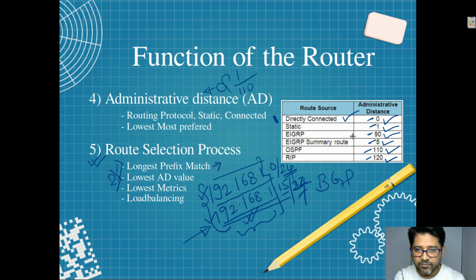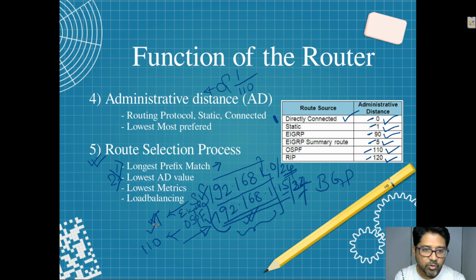Suppose one route we are getting from static and the second route from OSPF. The AD value of static is 1 and OSPF is 110. So the preference goes to the lowest AD value, meaning highest preference, if the same route is installed by different protocols. Suppose the same route is coming from EIGRP and OSPF.